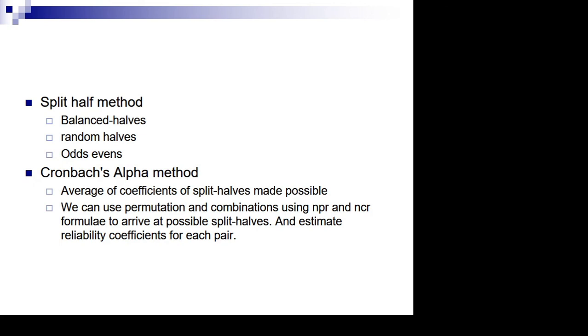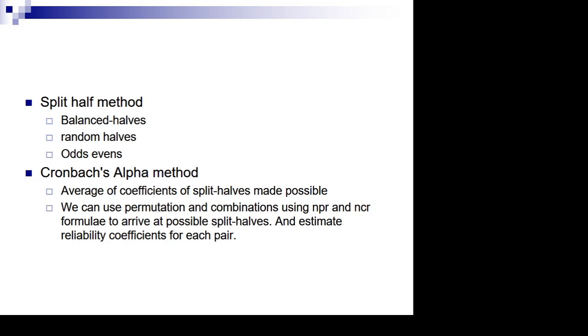If I take the correlation coefficient of balanced halves, random halves, and odds evens halves, I have three coefficients. I can take the sum of those coefficients and divide by three to get the average. That's exactly the average of coefficients of all the splits made possible.